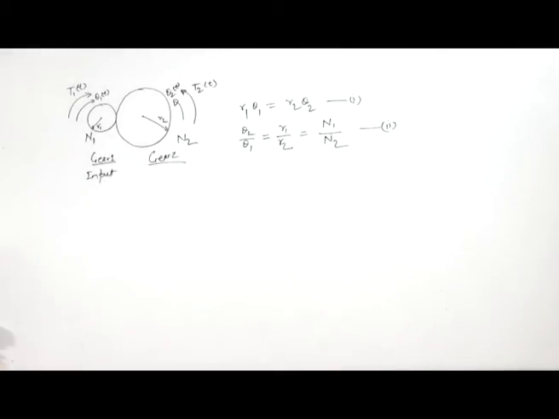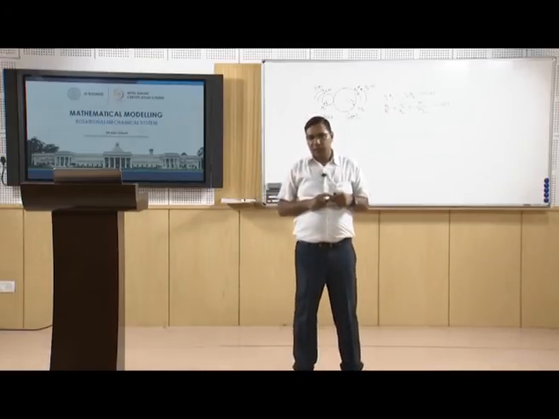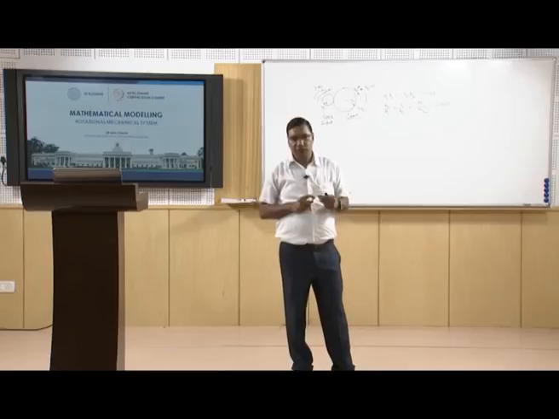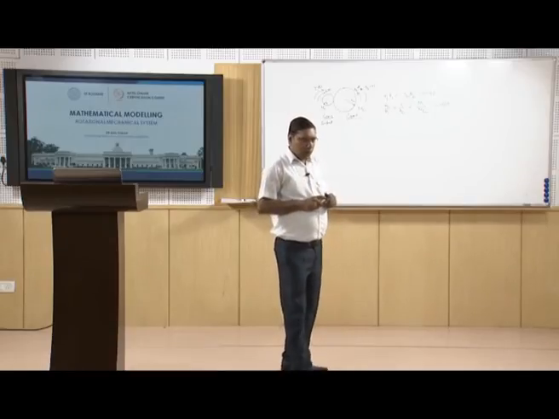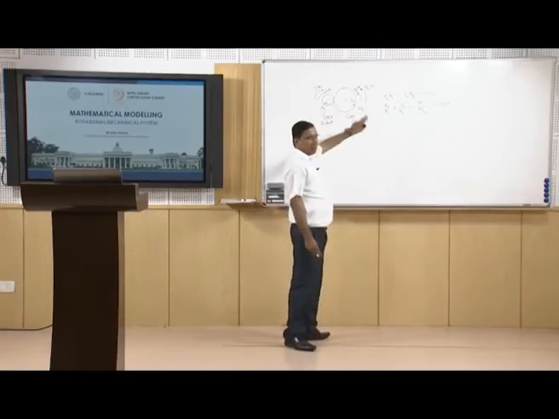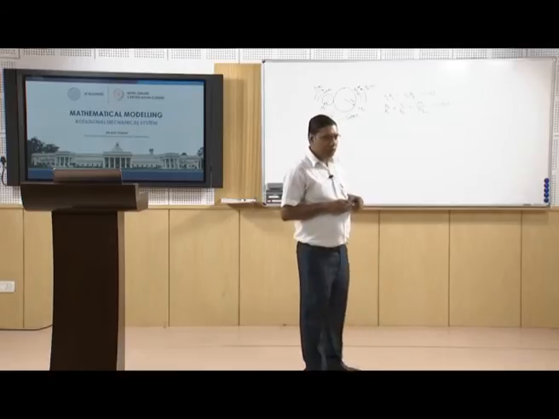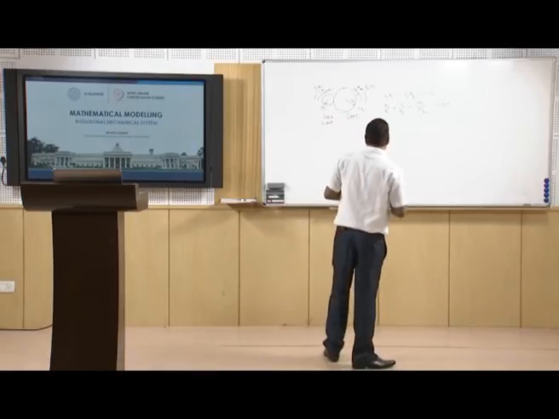Now, if we assume that in these gears there is no energy dissipation, so this is an assumption, the energy coming to the input will be the same as we are getting at the output. So we assume no loss in the gear.